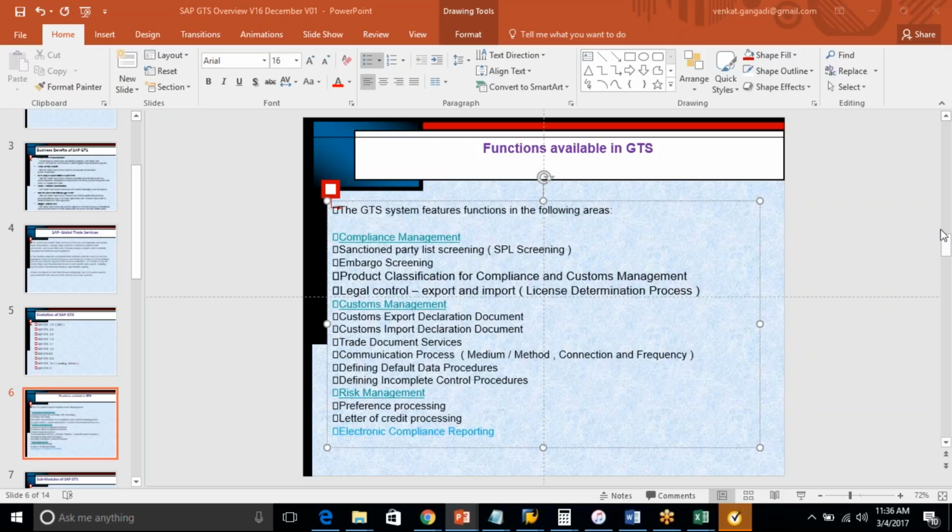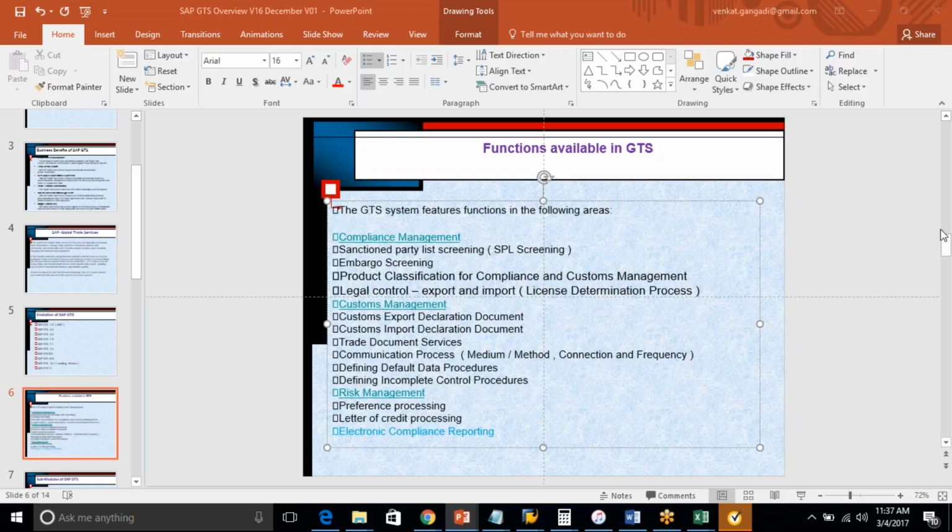Also, as I already mentioned in the demo session, the new rules and regulations introduced after the September 11, 2001 incident made our ECC system dummy, in the sense that it is not capable of taking care of all these dynamic rules and regulations which came after that period. That is the reason SAP GTS is more dynamic than ECC foreign trade. It is more dynamic, more effective than ECC foreign trade.